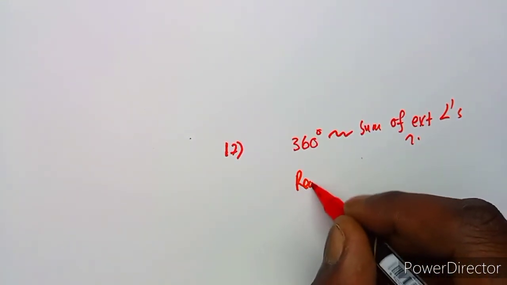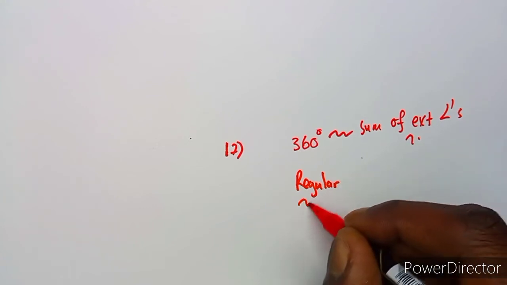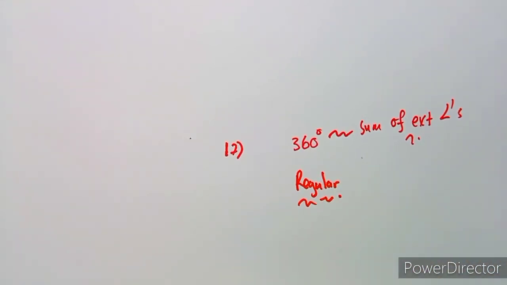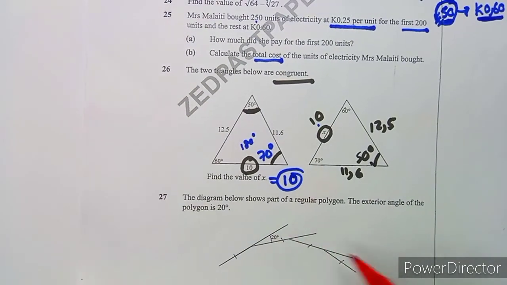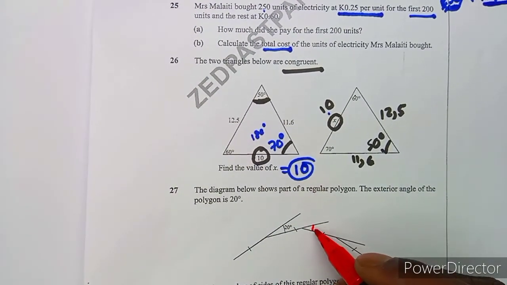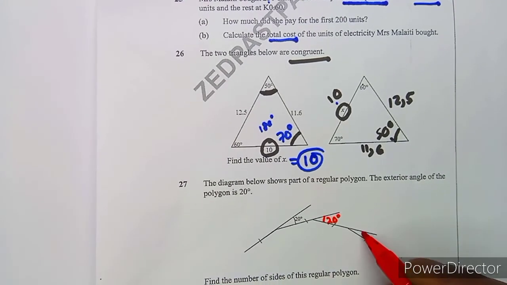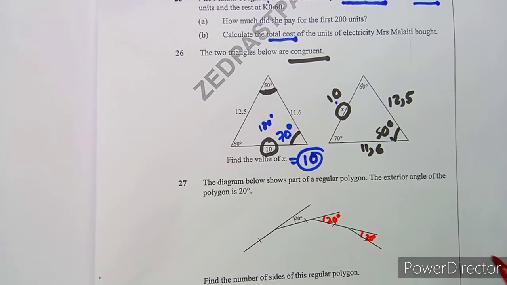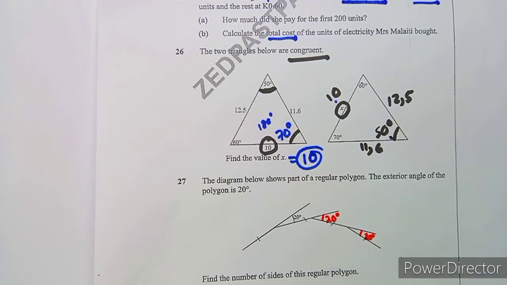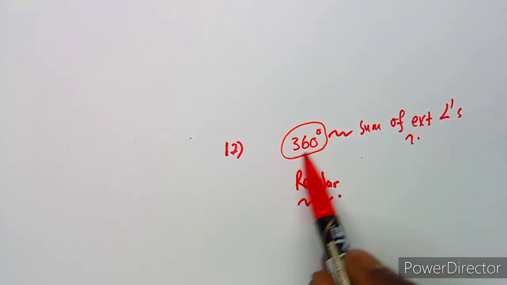And what's the advantage of being regular? The advantage now of being regular is that they are the same throughout. It means here I have also 20 degrees, here I've also got 20 degrees throughout the whole figure until the last one, to make them add up to 360.